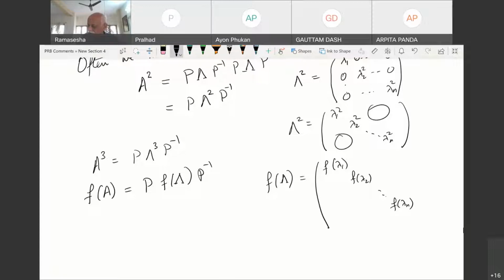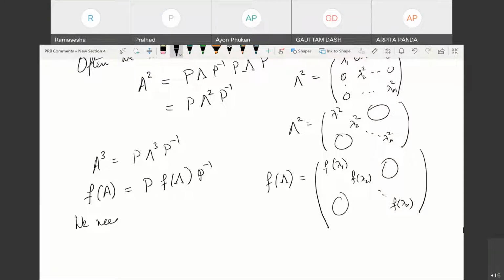This is it. You come across functions of matrices, for example, when you are doing quantum statistics. We need to find functions of matrices in statistics.